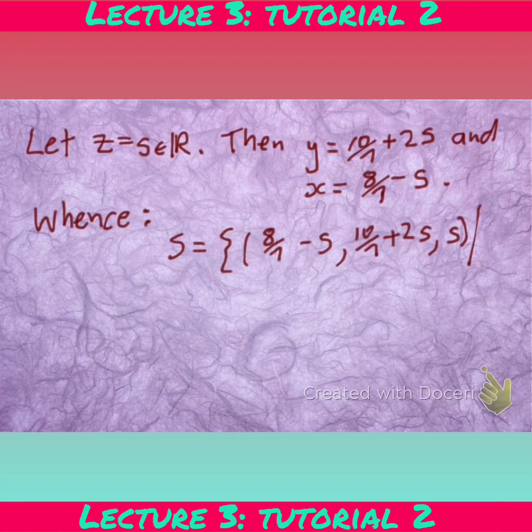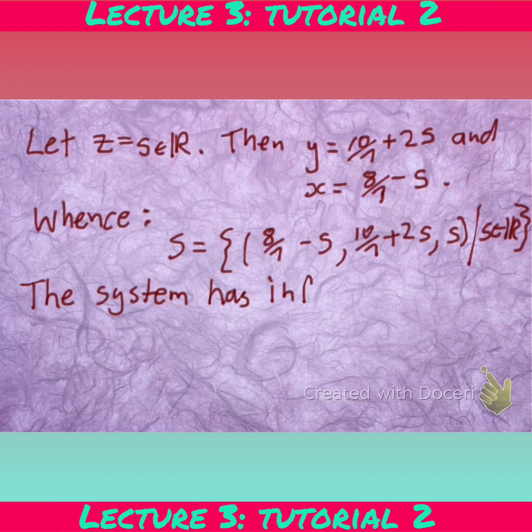It is a real number, so s is any arbitrary real number. So it is clear in this case that the linear system will have infinitely many solutions, because I can choose s to be any value, any real number will do. So the system has infinitely many solutions when the value of a is equal to 4.